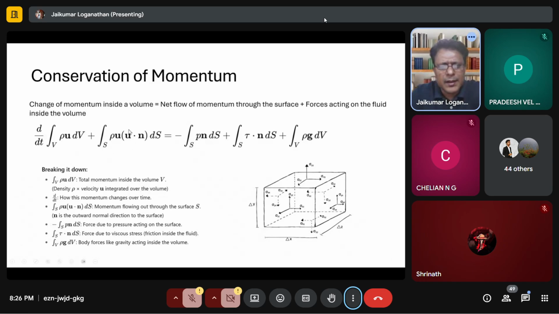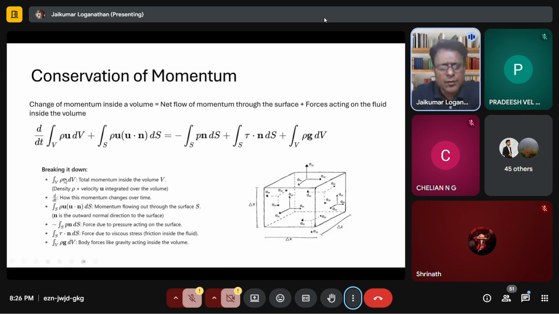Rho u multiplied by a velocity, once again you have the normal component there over the surface, right? That is the momentum which is coming in from the neighboring cell. That should be equal to the pressure force, once again normal component to the surface, and the shear stress, once again normal component to the surface, and then the gravity effect on the fluid particle, right?